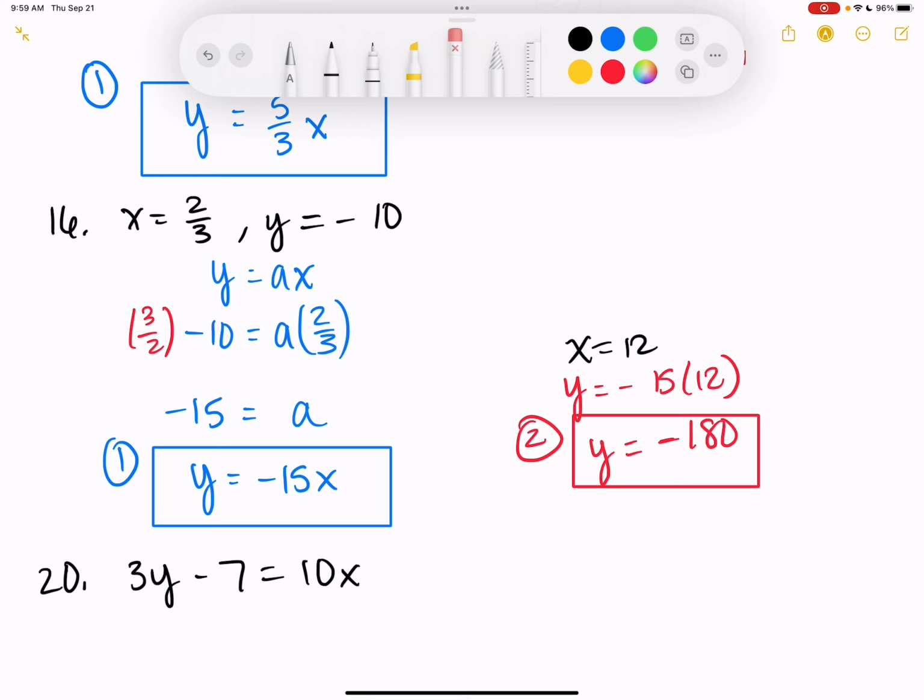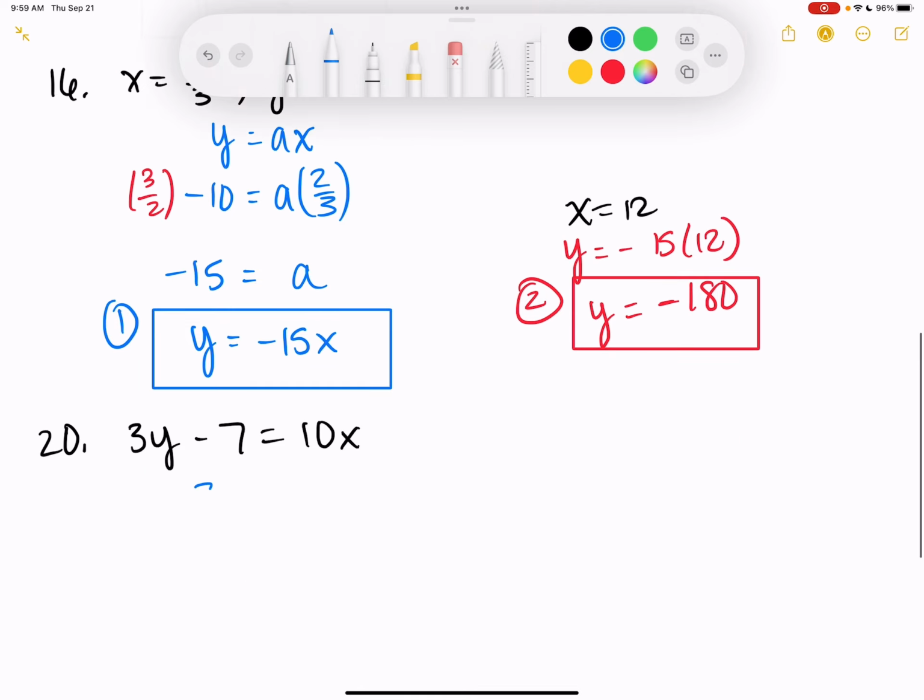With this problem, to begin with, it doesn't look like direct variation. I'm not saying it is or isn't yet, but it doesn't look like it because it's not in y equals ax. So I need to move stuff over and get y by itself and then decide if it's direct variation or not.